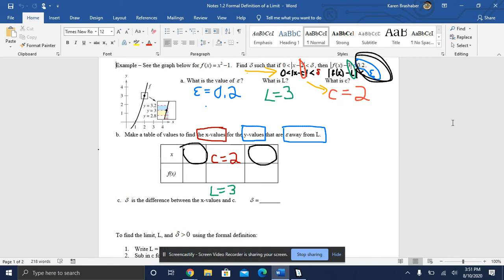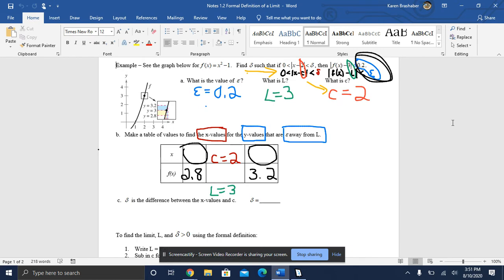So to be within 2/10, that means that I have to get above it at 3.2, or I have to get below 3 by 2/10, and that would be at 2.8.